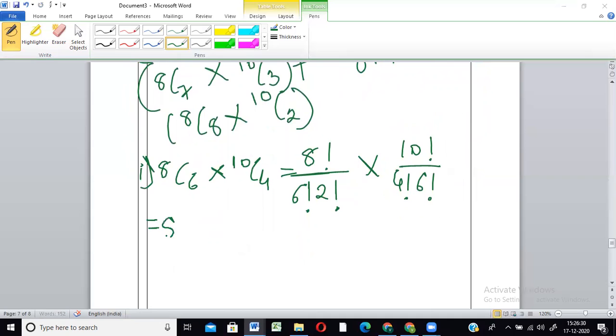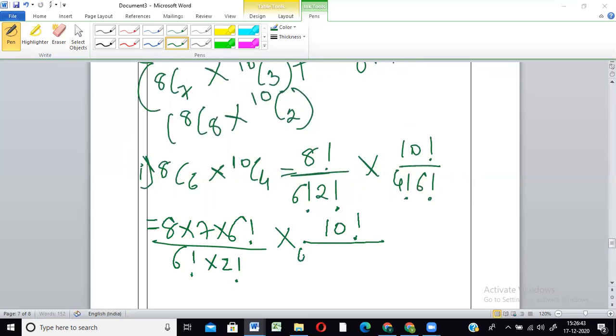Which is equal to 8 into 7 into 6 factorial, we're going to stop there, and then 6 factorial into 2 factorial, into 10 factorial upon 4 factorial into 6 factorial. Here we have till 6, so we can write it till 10, 9, 8, 7 into 6 factorial.